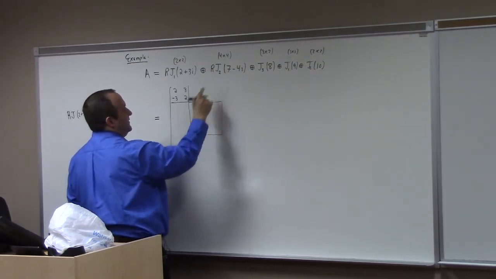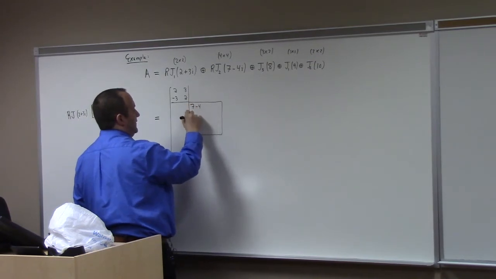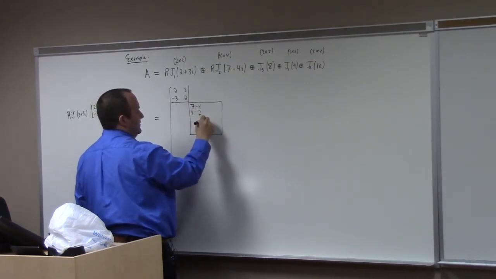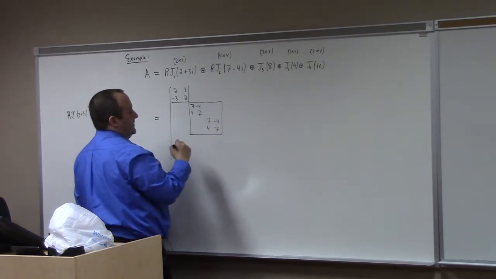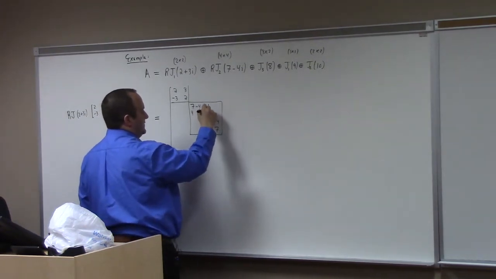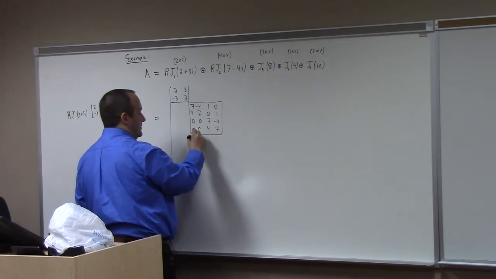Minus 4i, rather. So this would be 7 minus 4, 4, 7, 7 minus 4, 4, 7. And this is essentially by the calculation we did towards the end of class. That's why it has this particular pattern.